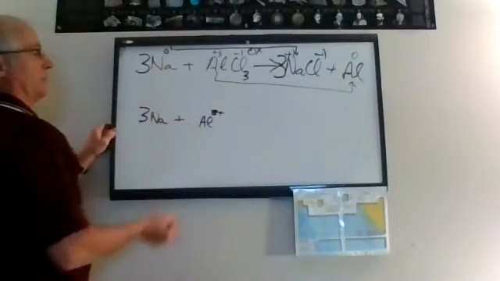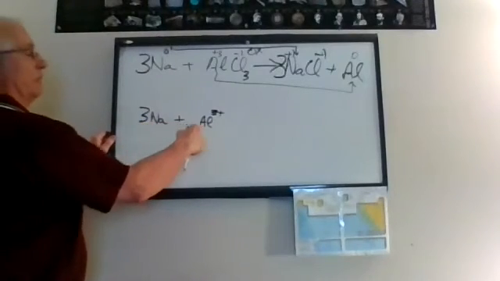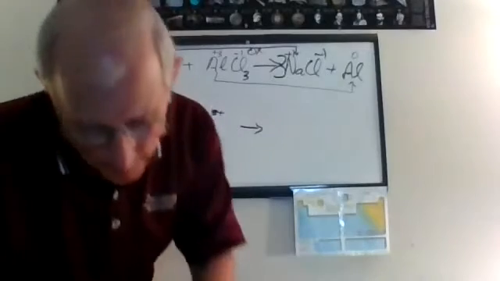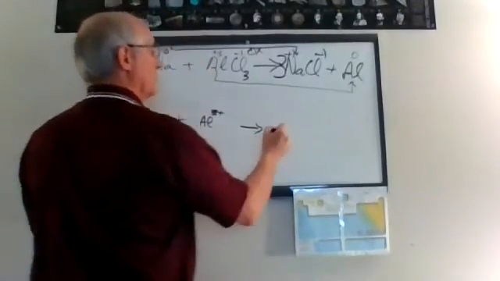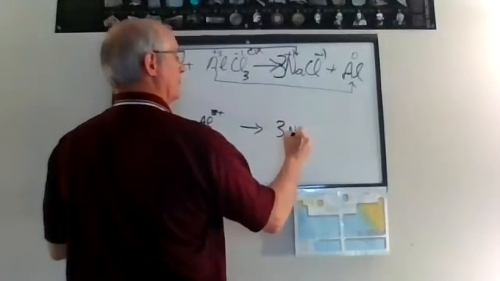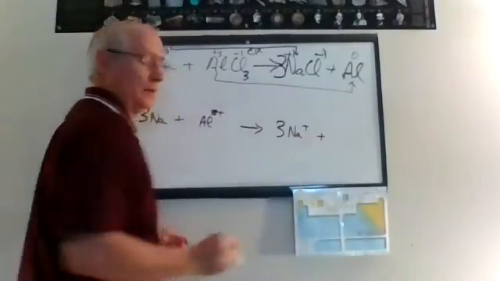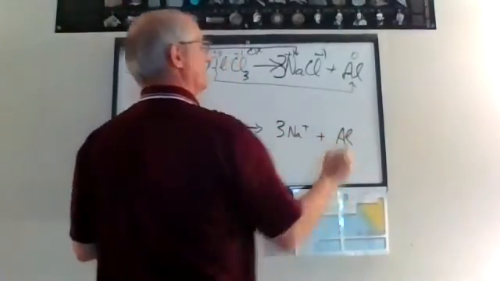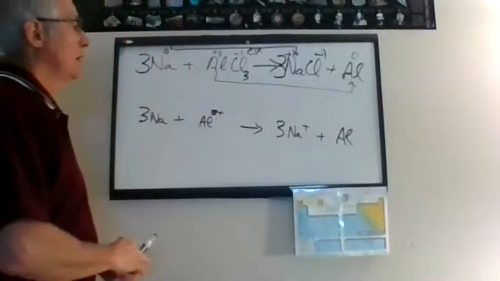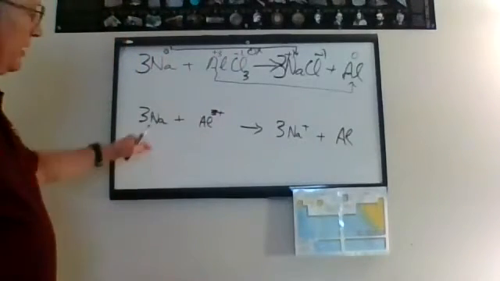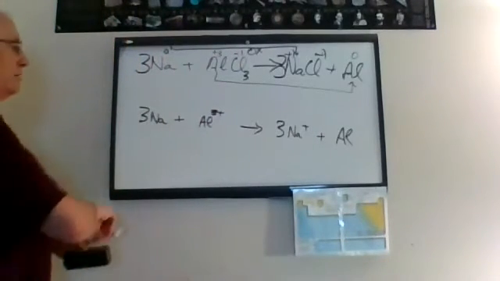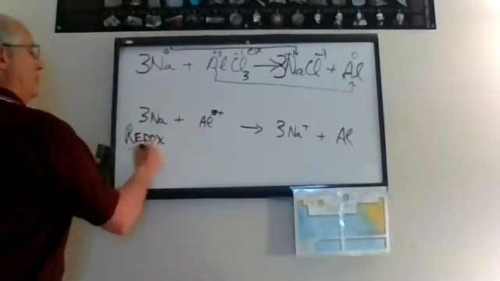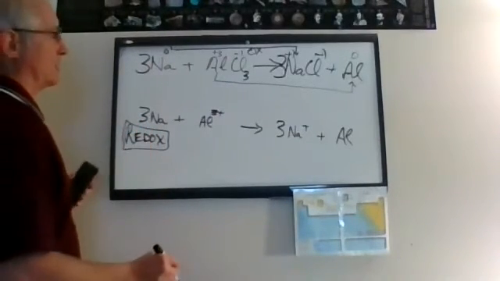So sodium plus the aluminum ion becomes 3 sodium ions and elemental aluminum. So what's missing from the redox? This is a balanced redox reaction.